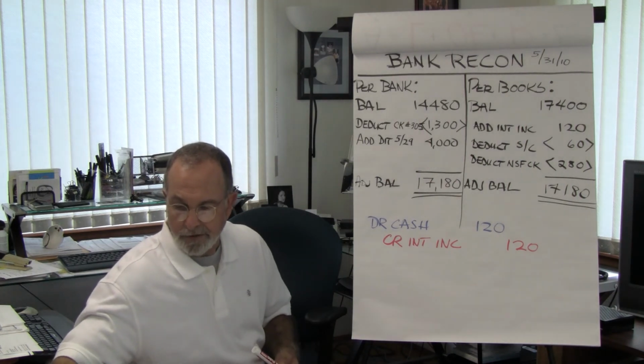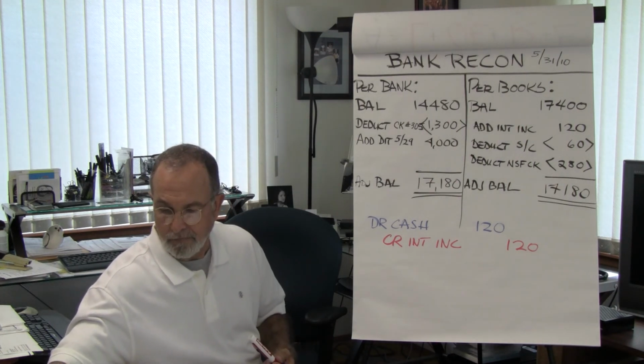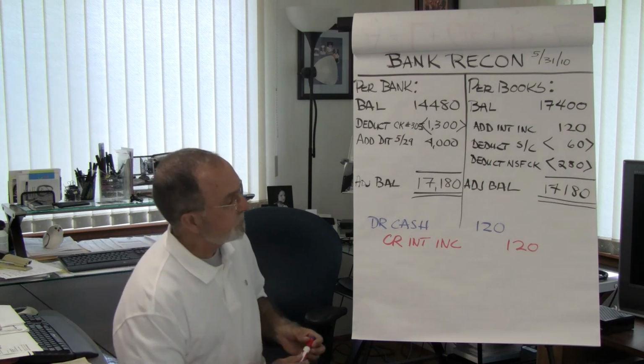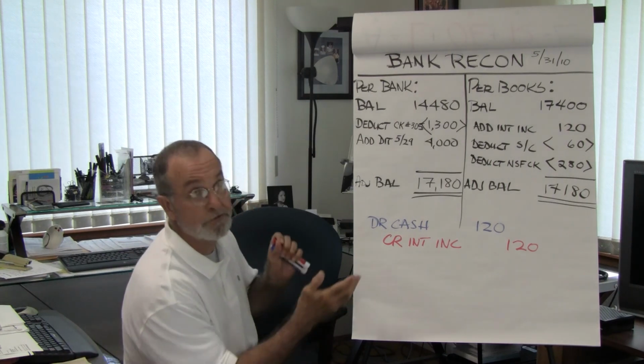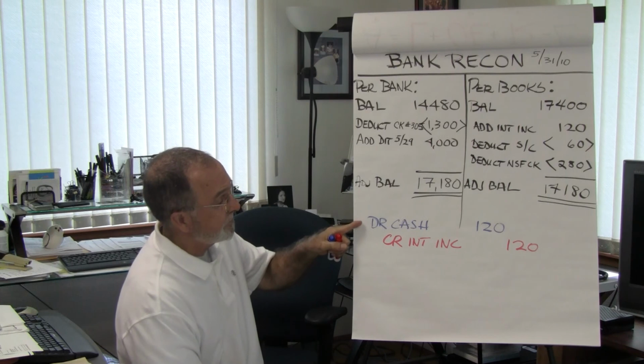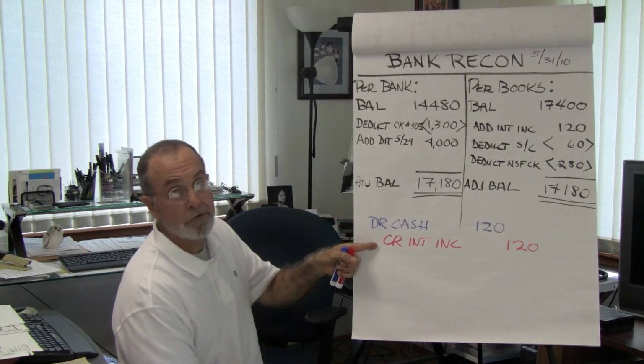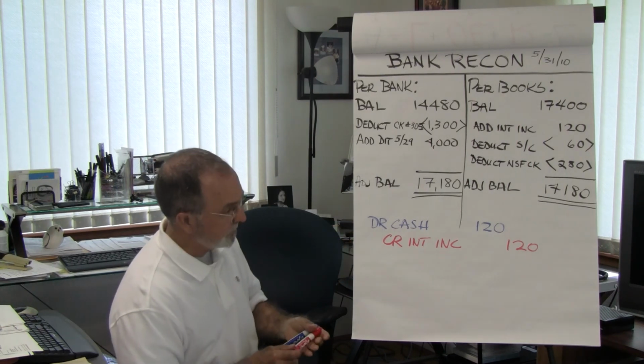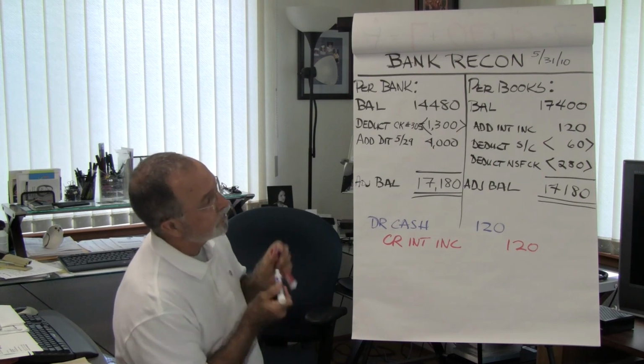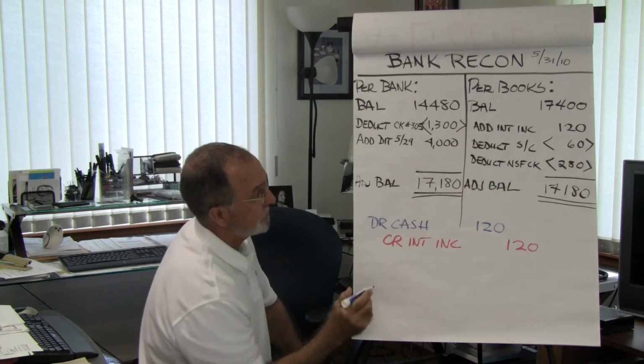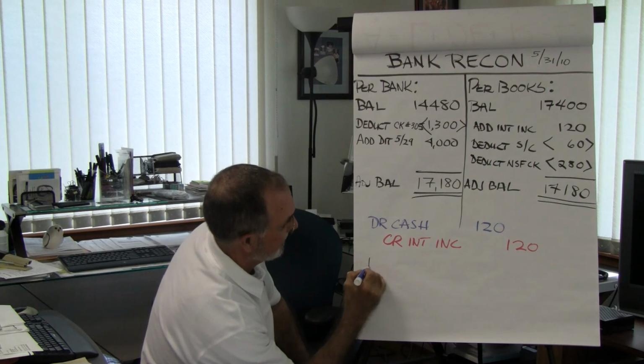And so I think you can see that that entry, first of all, is in balance, and it makes sense. We're adding to cash for interest income earned on our checking account balance. Our second adjustment is for bank service charge.